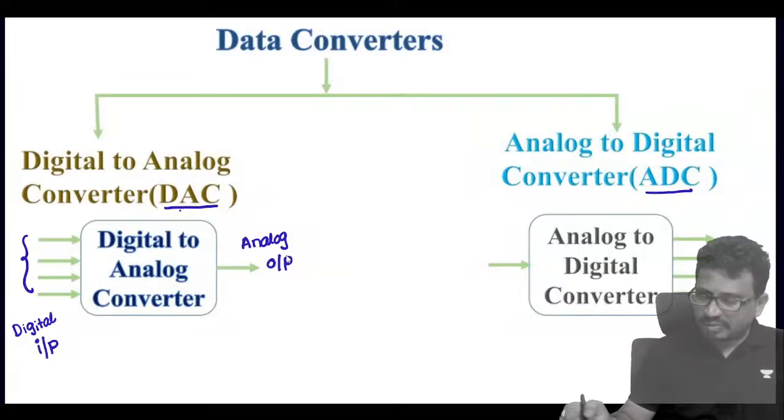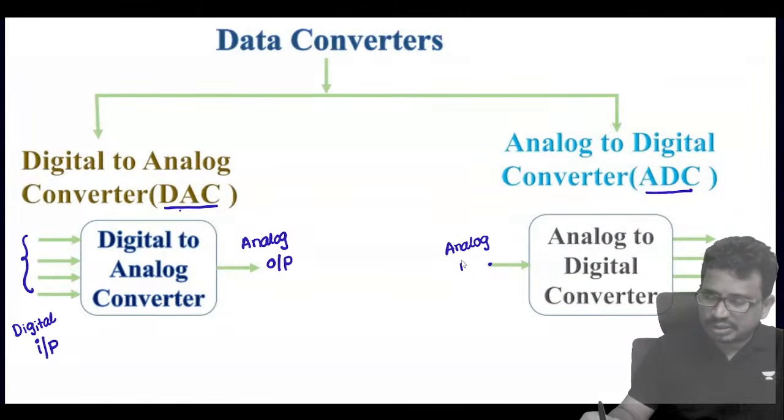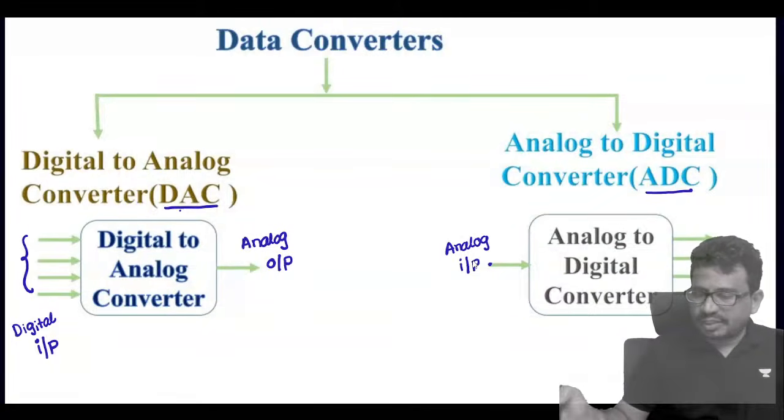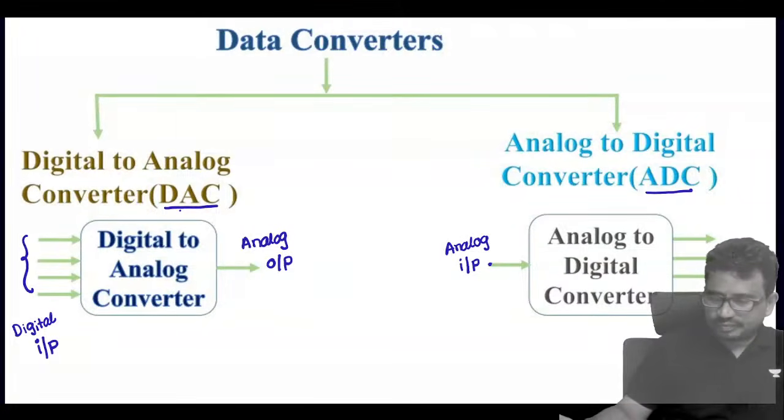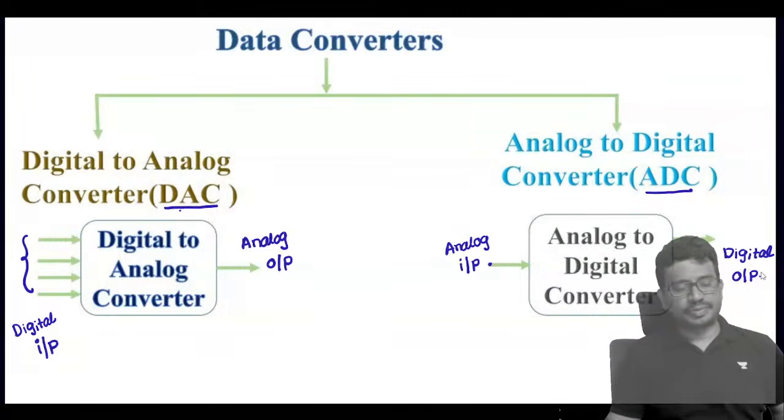Whereas coming to the ADC, what is the input given? You tell me now. Analog input is given here, and that will be converted to a digital form at the output.